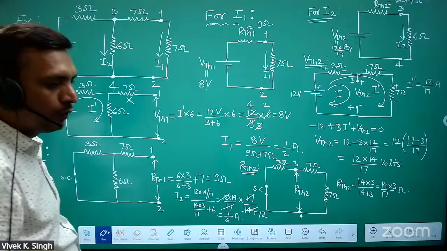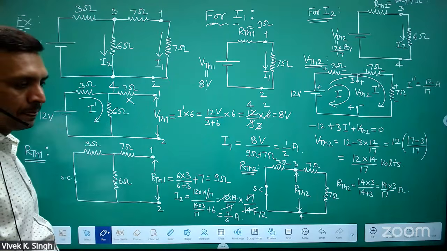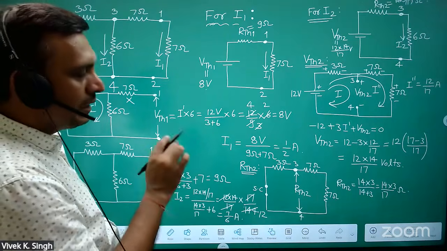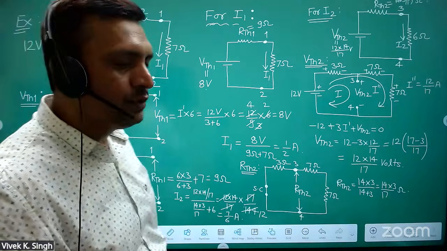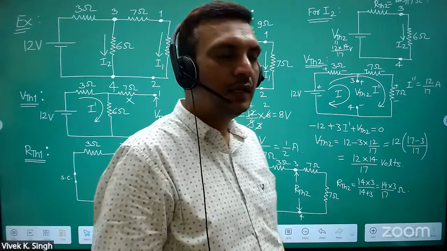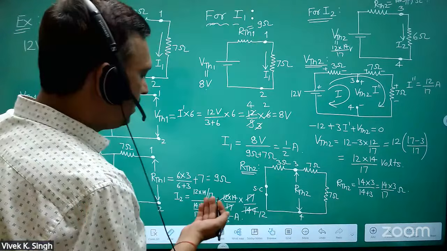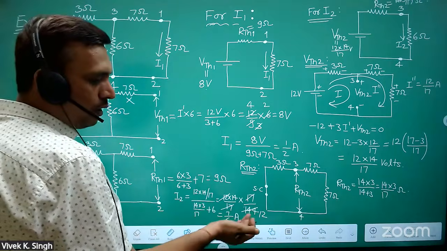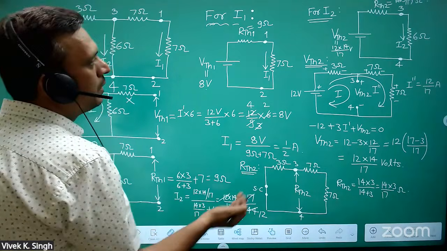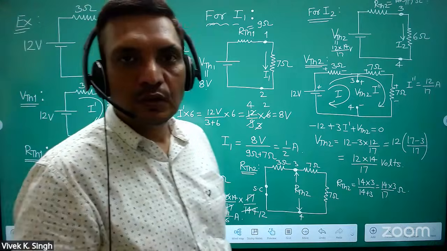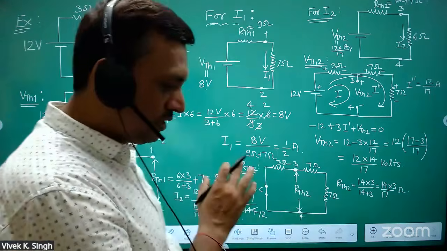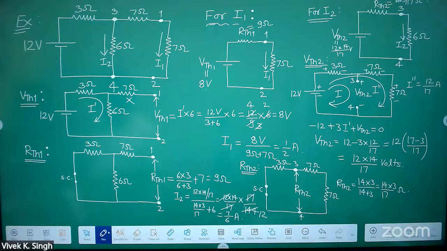And we have calculated the same value using KVL also. So we are verifying Thevenin's theorem, whether it is correct or not. From KVL you got the same result, and using Thevenin's theorem also you got the same result. So this is the method of Thevenin's theorem.